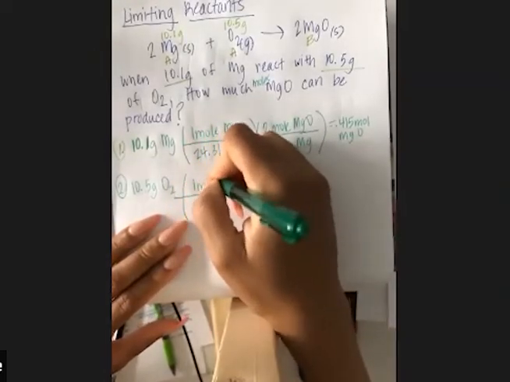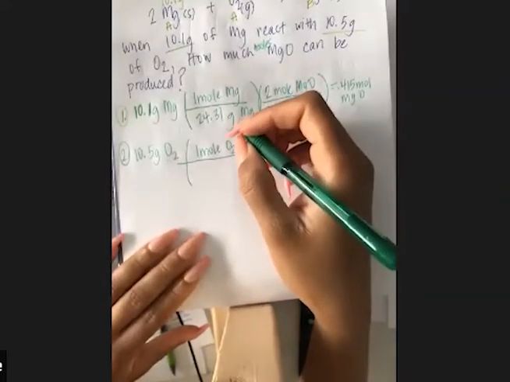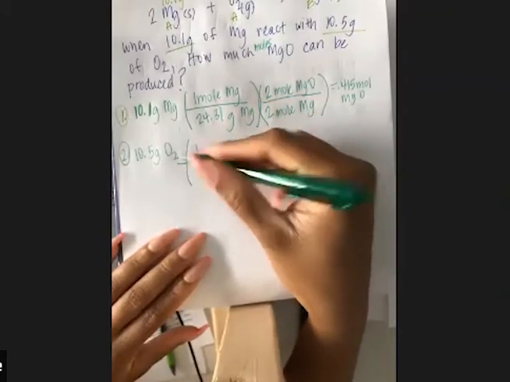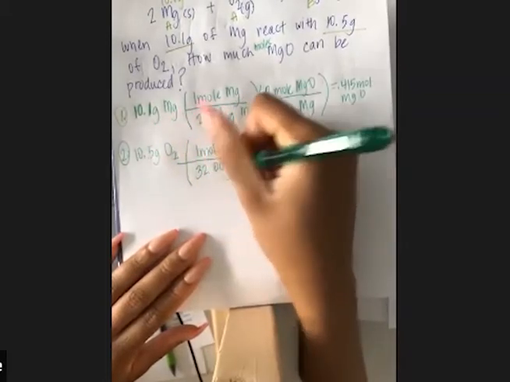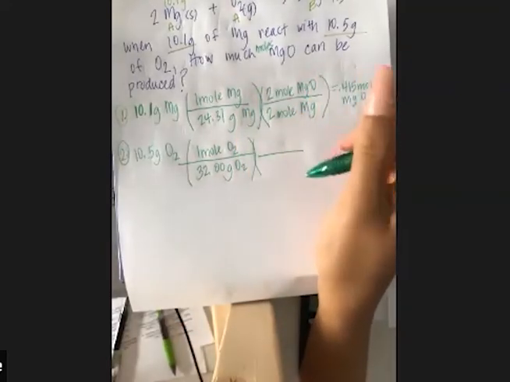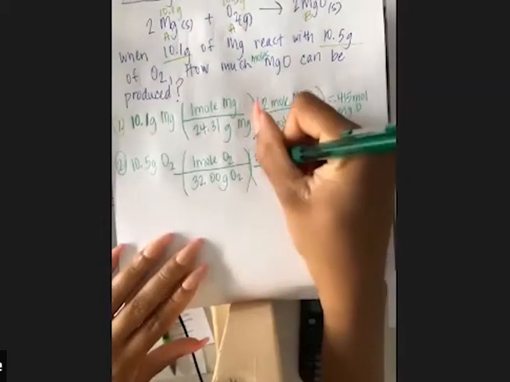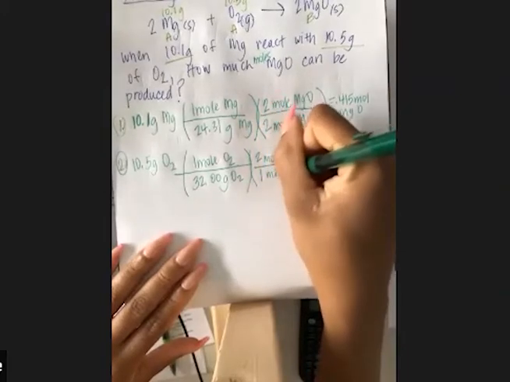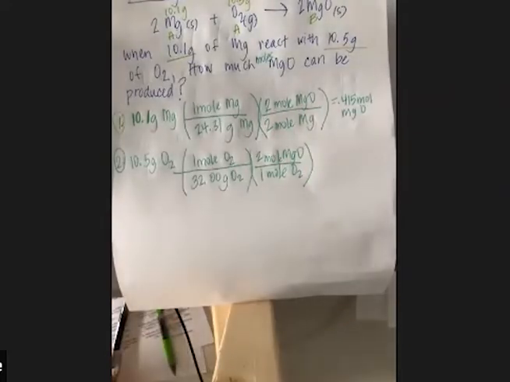What's the molar mass of oxygen gas, guys? 32. Remember, this is O2, so 16 is just O, but I have to say 16 times 2, which is 32.00 grams of O2. And now what's the ratio from magnesium oxide to oxygen? 2 to 1, perfect. So 2 moles of MgO for 1 mole of O2. And I put this in my calculator.